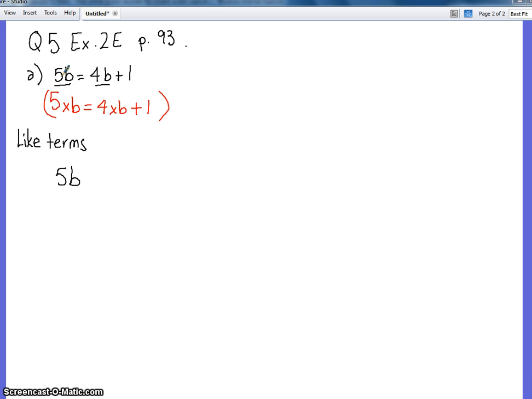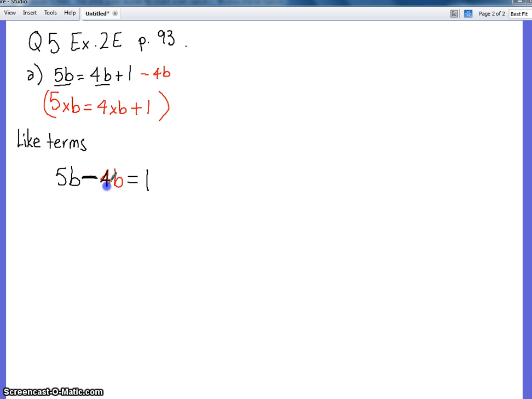So again, in order to get rid of 4b, this is what you'd be thinking. Well, I've got to take 4b from this side to get rid of it. What I do to one side, I must do to the other. So I'm going to take 4b from that. And what will that equal? That will equal 1.